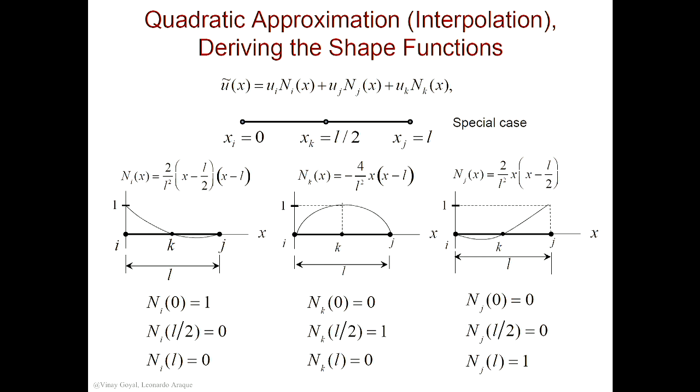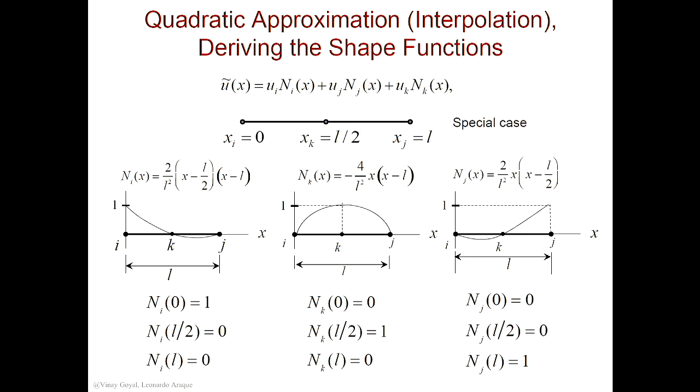And so now here, let's look at this example. When I have this middle node, it is 0 here, obviously. It is 0 here. L minus L is 0. Great. It's working out. But when I plug in x equals L half, I get L squared over 4. So I need to multiply by 4 over L squared to get 1, right? Yeah?